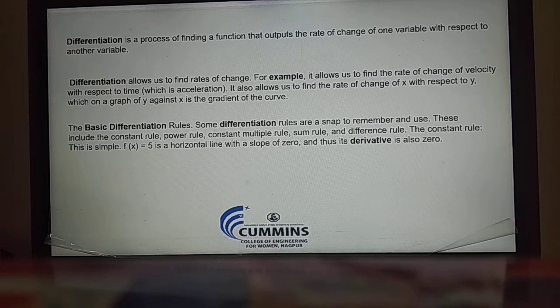It allows us to find the rate of change of y with respect to x, which on the graph of y against x is the gradient of the curve.